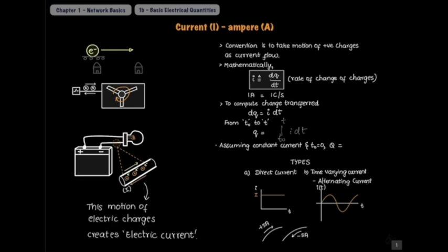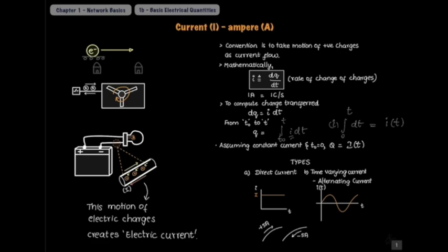So assuming this current to be constant and t0 to be 0, then it is the integral from 0 to t of I dt, which is equal to I into t. So this is what we usually see, I into t for charge. But here the assumption is that the current is constant.